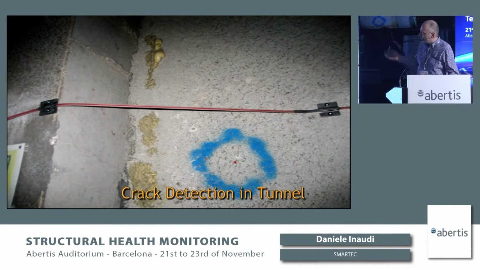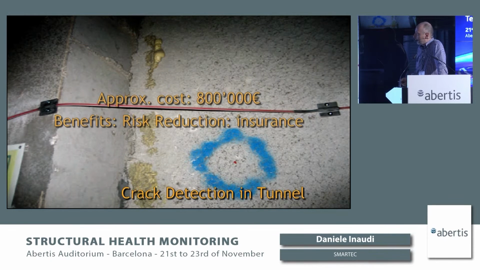Here's an example from a close-by project. This is a tunnel here in Barcelona, where the owner wanted to make sure that there was no crack in the tunnel vault. So they installed a distributed monitoring system to monitor that tunnel.